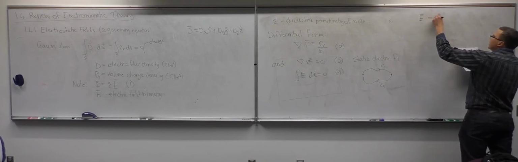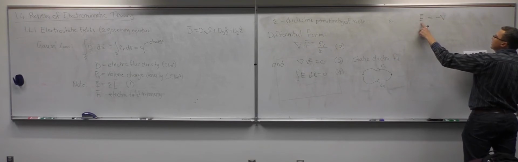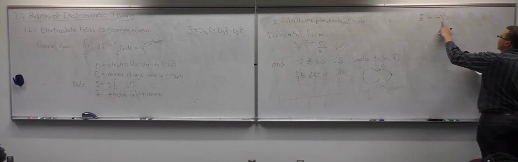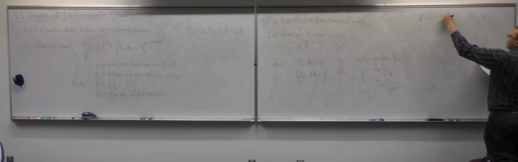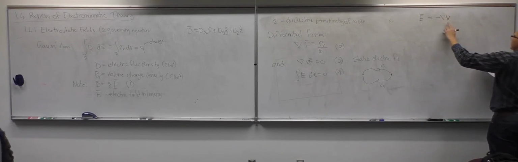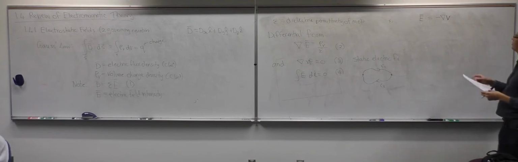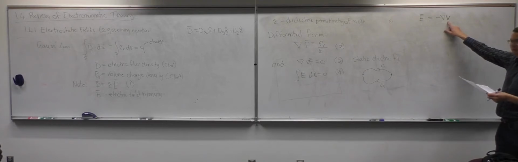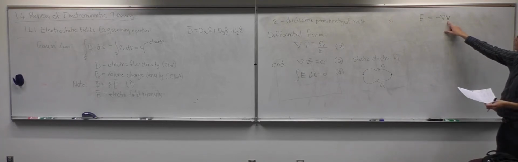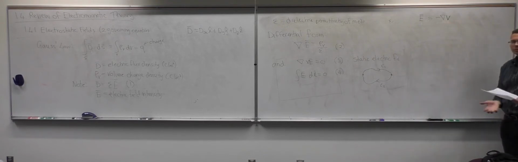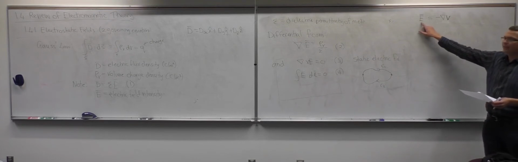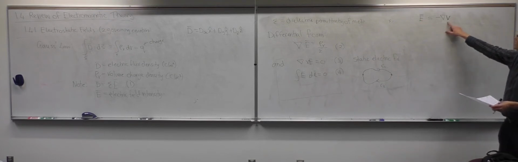But we can calculate E, a vector, from V, a scalar, by taking the gradient of it. And so that's an important point, because, for example, if we could design a problem to solve for V, and we solve the whole problem, that might be a lot easier than trying to solve the problem for E, because V is a scalar.